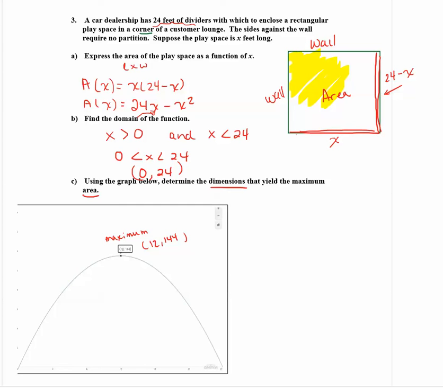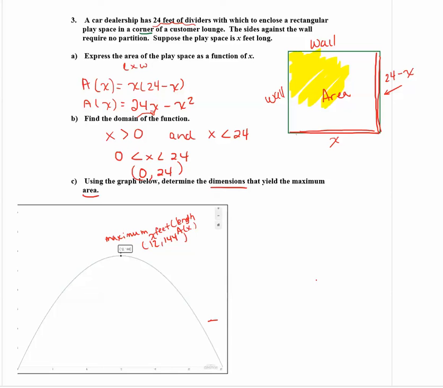So it's helpful to list what the numbers in the ordered pair actually stand for. So the 12 is the x coordinate, and x is the feet, that's the length. And then the 144 is A of x.